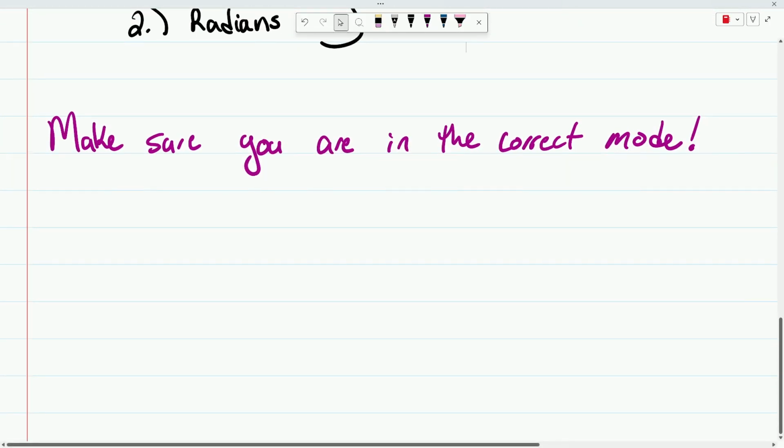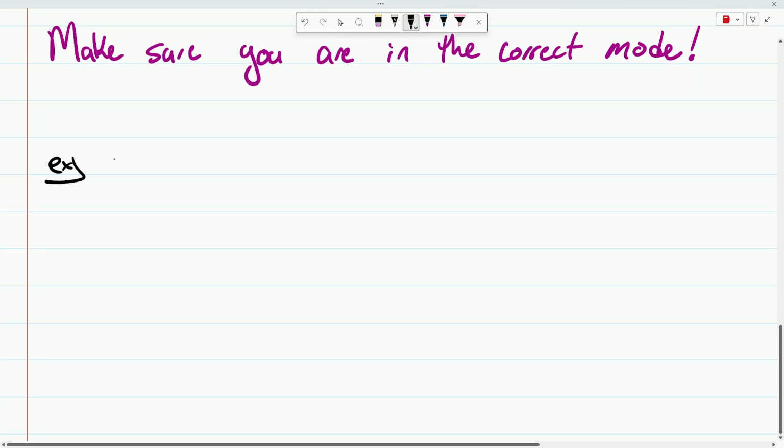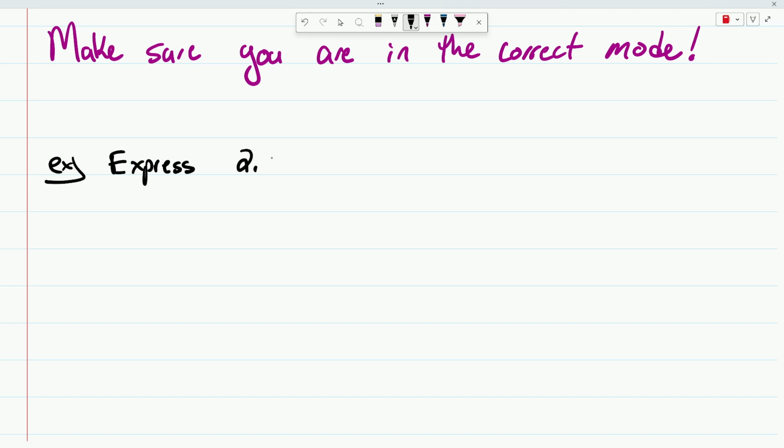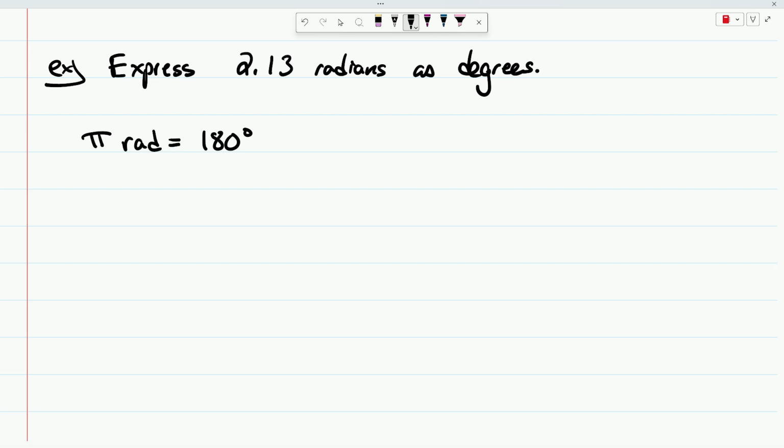So the first thing we're going to do here is let's express 2.13 radians as degrees. Okay? So remember, pi radians is equal to 180 degrees.